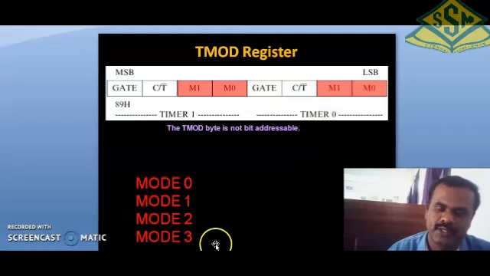These four modes are used in timer 0 selection, and the same values apply to timer 1 selection also. So what about the next box? It is filled with C/T bar. C represents the counter and T represents the timer selection. We always use binary numbers to fill in the box, so 0 or 1.